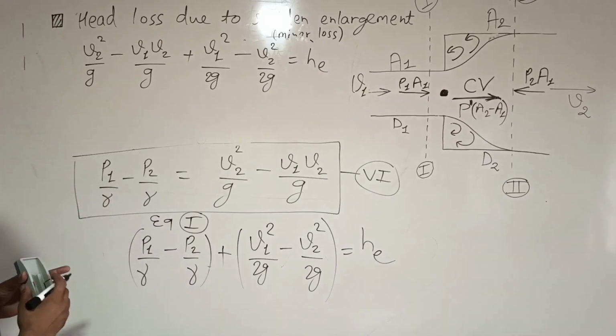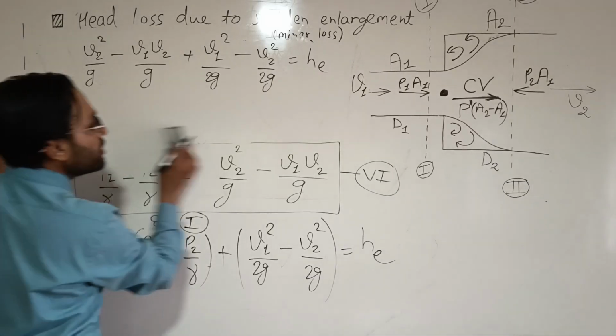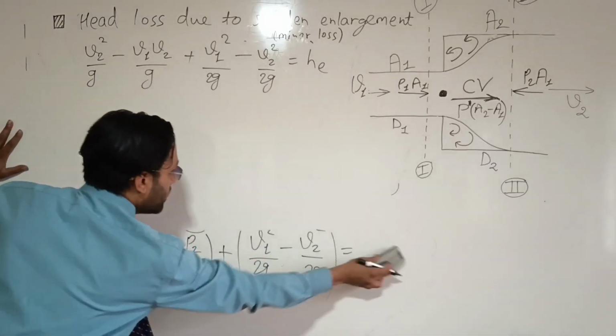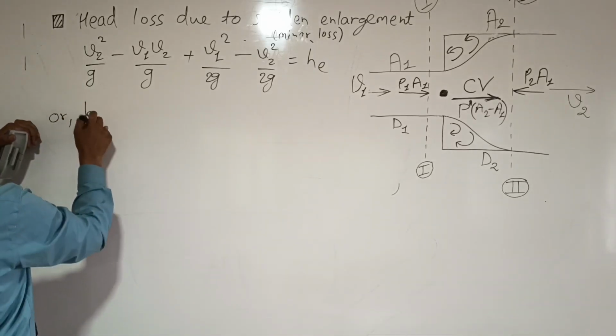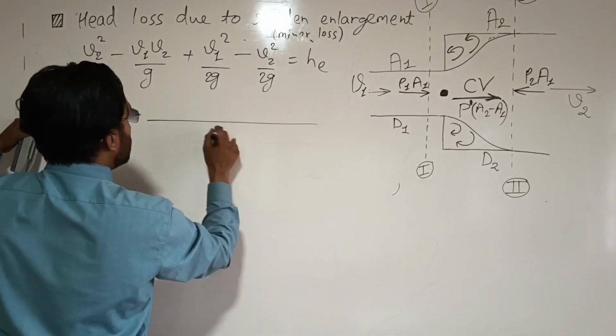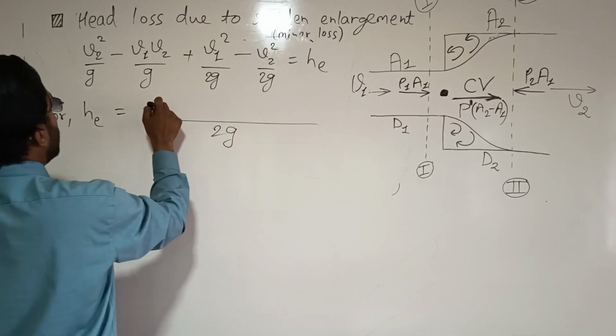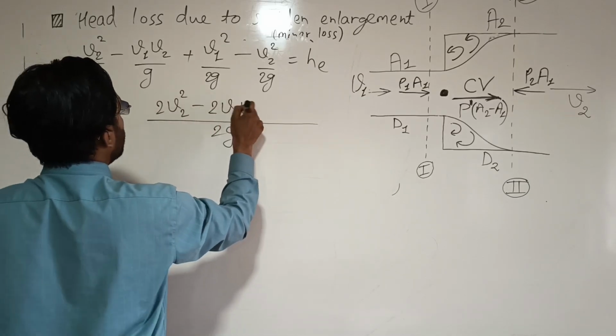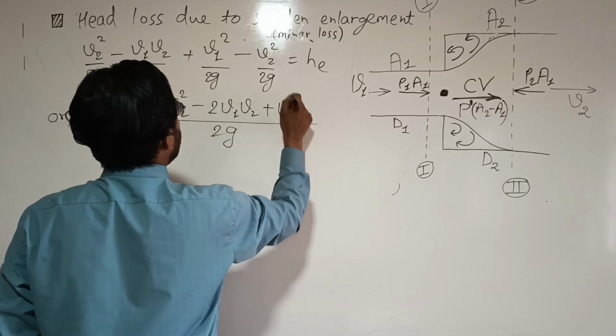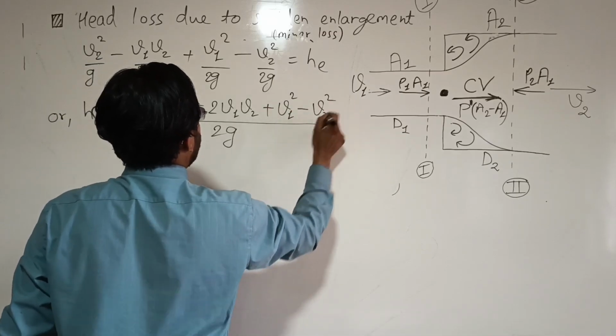I'm going to take the LCM, which is 2g. What do we get? That is 2 V2 square minus 2 V1 V2 plus V1 square minus V2 square.